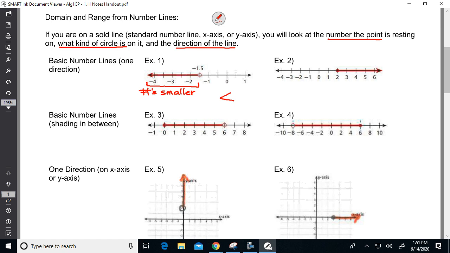So that's something that we now have learned: less than is for open circles, less than or equal to is for closed circles. Now we know what sign to use. So our domain here would be x is less than negative 1.5. That's your domain.